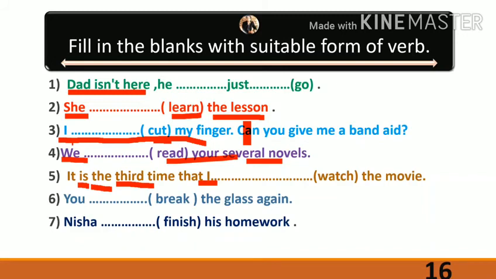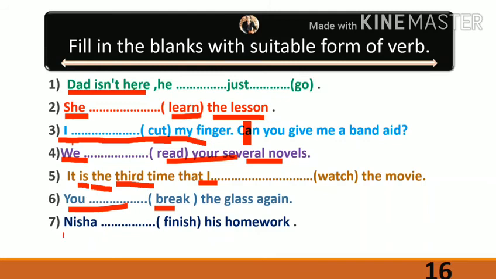Now example 6, "You dash break the glass again." Here again we are giving information, announcing something, that you have broken the glass again. The word you is the subject and broken is the third form of break, so it should be written like this: "You have broken the glass again." And the seventh example is "Nisha dash her homework."